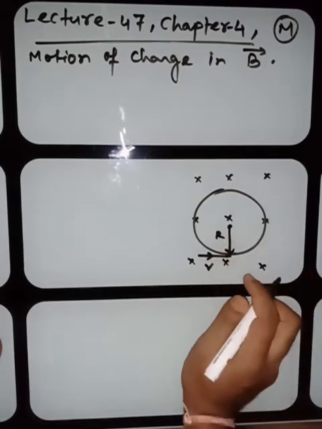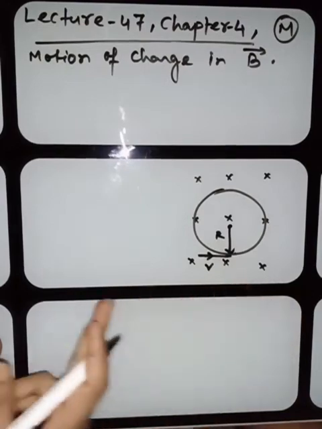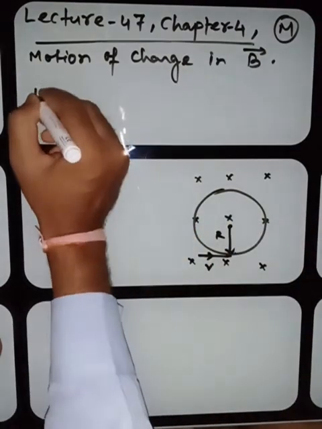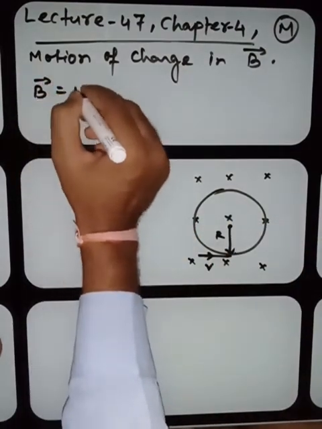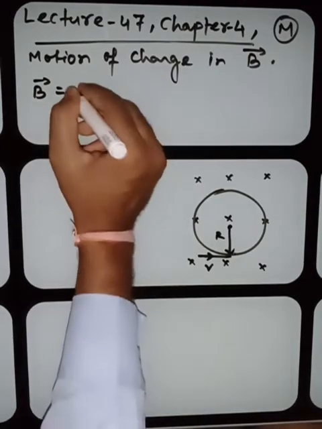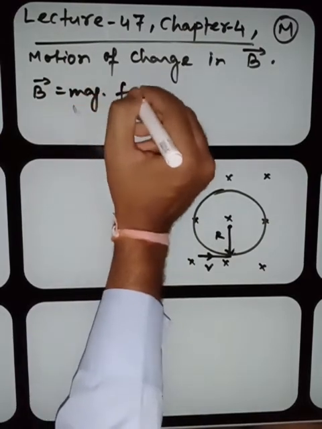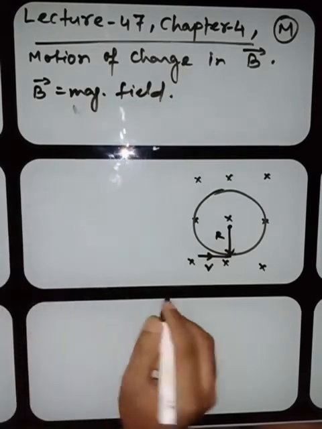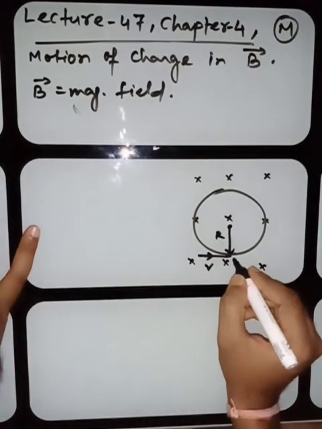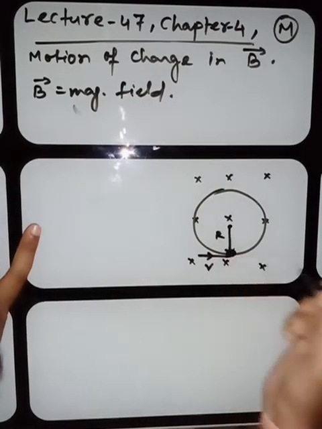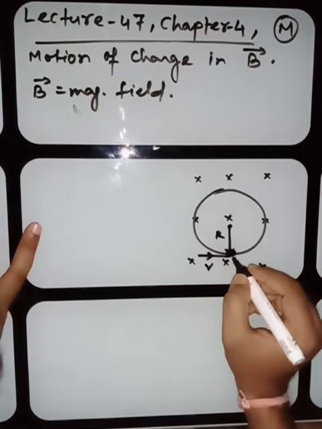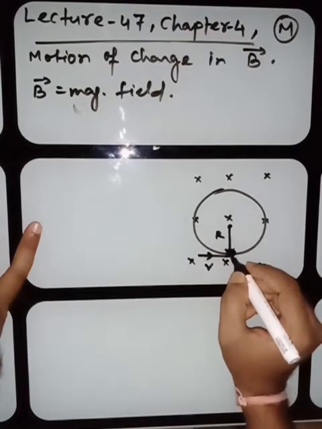As this charged particle is projected inside the magnetic field, here the magnetic field is B. Alright, r is the radius. What will be the direction of force as the charged particle reaches this point? Try to find out the direction of force.